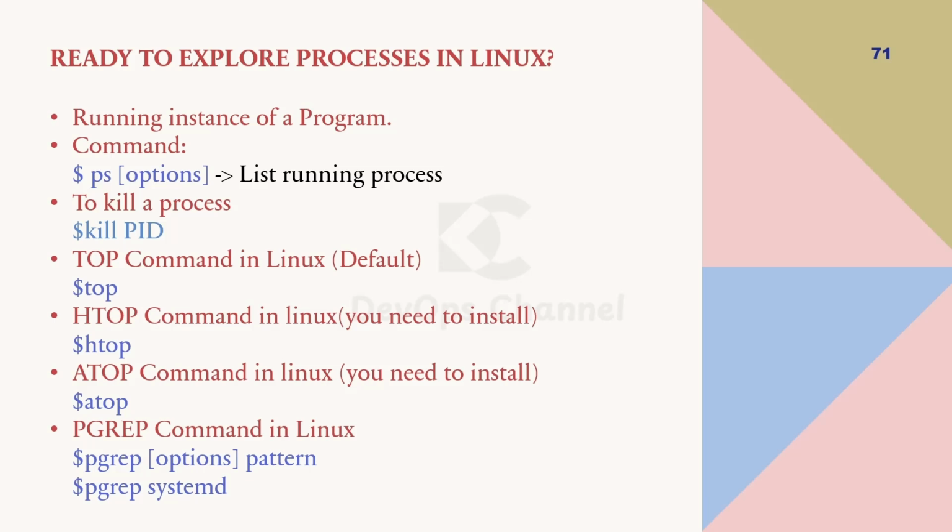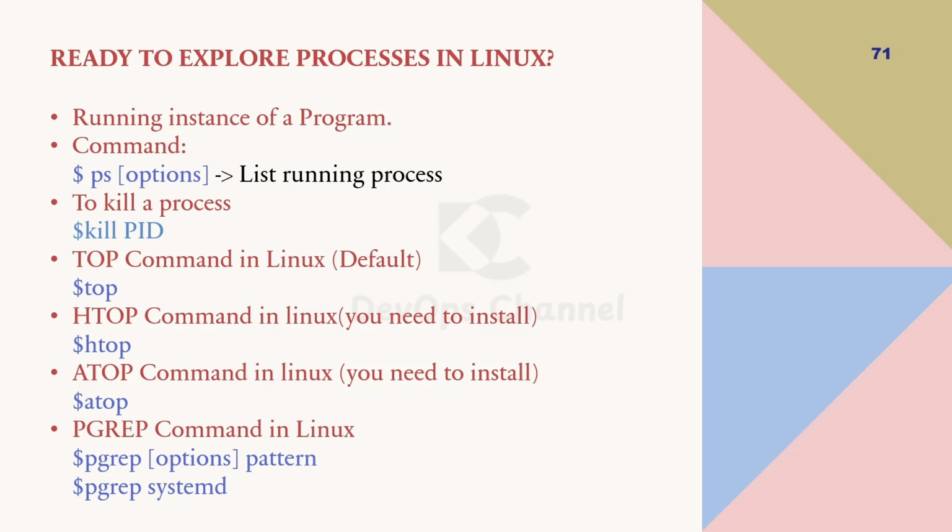The next one is the top command, which is installed in your Unix system by default. It will tell you how many processes are running with their CPU usage and memory usage. Similarly we have htop, a bit more advanced than top, but you need to install it; by default it will not be installed.